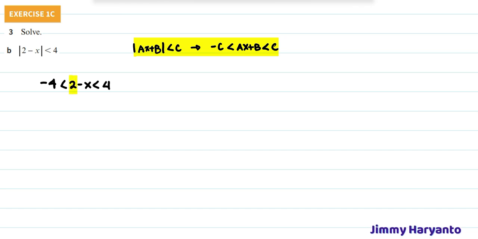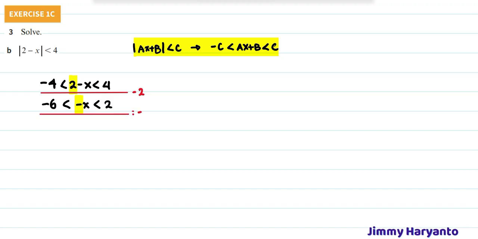First, you have to eliminate the 2 by subtracting them all by 2. That means this one is -6 less than -x less than 2. And then you have to eliminate the negative also. That means you have to divide them all by -1. Do not forget that when you divide an inequality by negative numbers, the sign has to be changed like this.